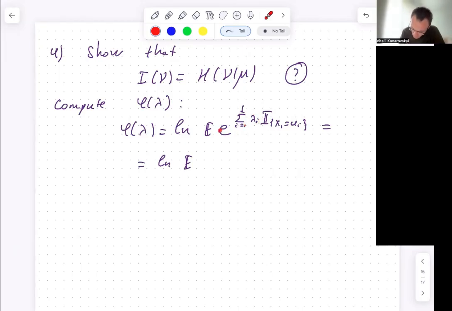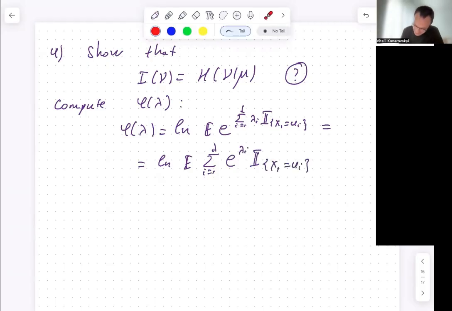Therefore, you will see e to the power lambda_i, for that i for which X_1 is equal to u_i. Therefore, that exponent can be written as a sum from 1 to d of e to the power lambda_i with indicators.